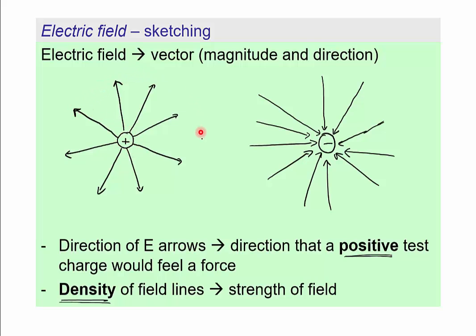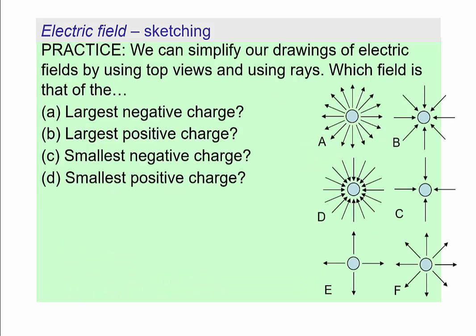As we move out further from that charge, the lines are further apart and the field is weaker. So an object which was out there would feel a smaller force per unit charge than something close in. Again here, and I apologize, these lines really should all come into the center, close in we've got quite a high density of field lines, and out here it's lower, so that field strength is lower.